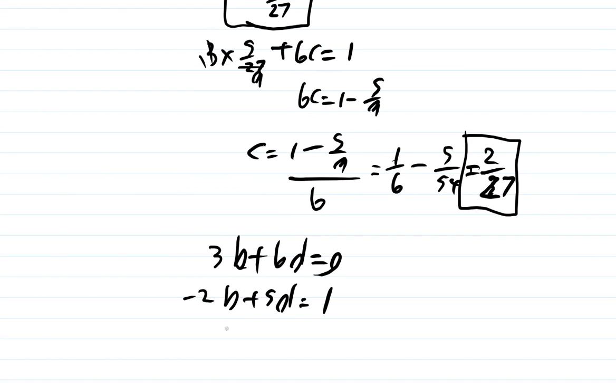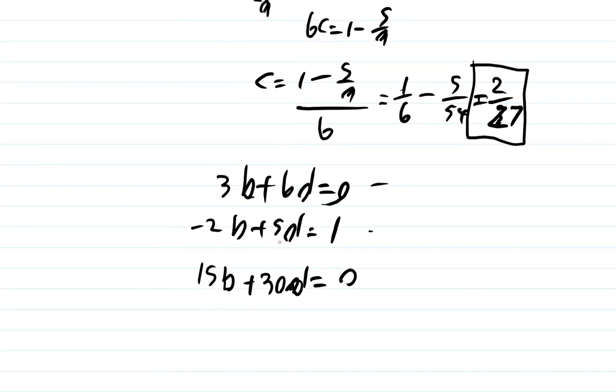Suppose we multiply this equation by 5 and this by 6. We have 5 times 3 is 15B plus 5 times 6 is 30D equals 0. And we could also do 6 times negative 2, negative 12B plus 30D equals 6.